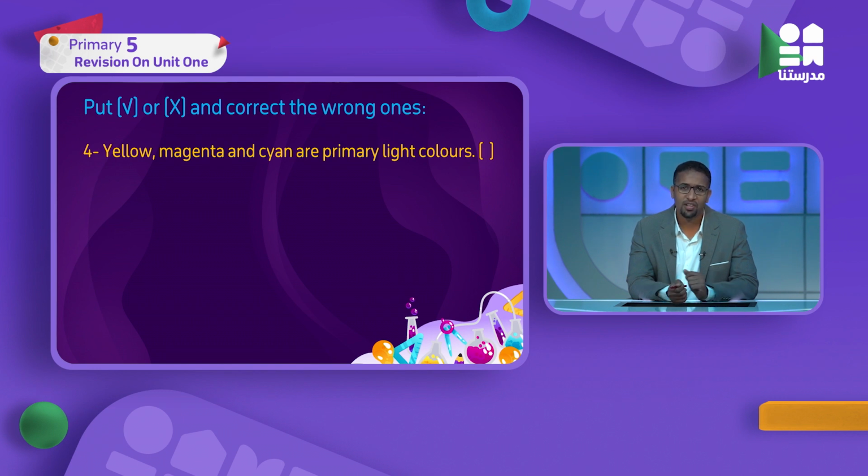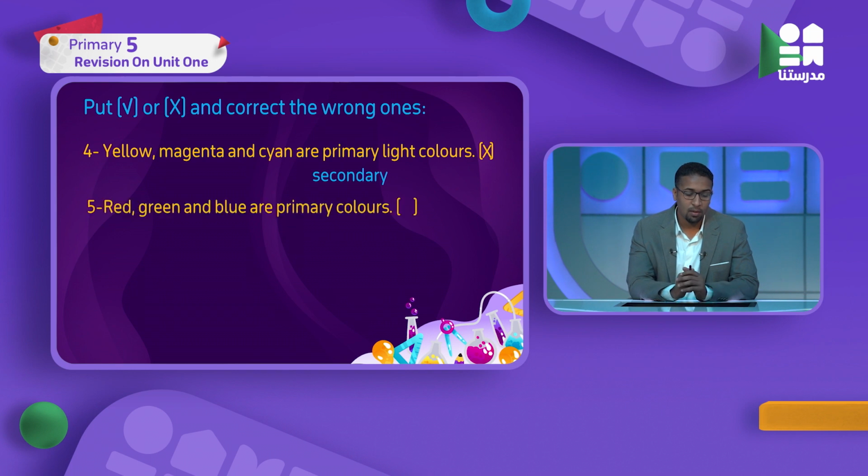Of course, they are not primary, they are secondary colors, so it is wrong, and the correction will be, instead of primary, we will put secondary colors. Number 5, red, green, and blue are primary colors. Is that right or wrong? Of course, red, green, blue, yes, all of them are primary. Amazing.